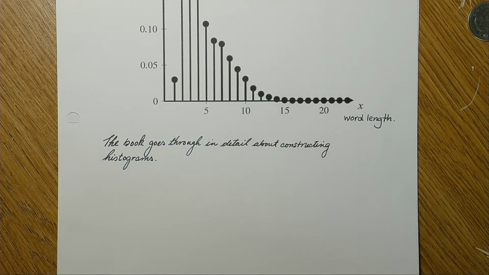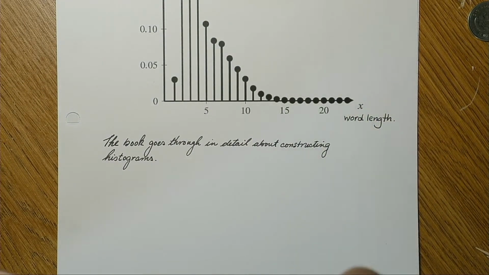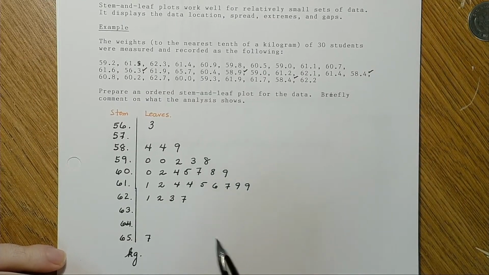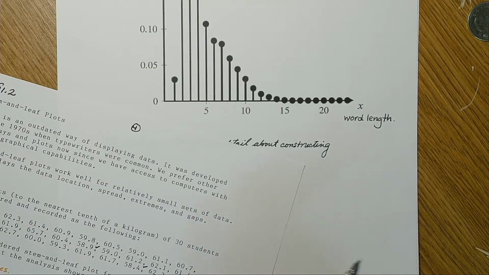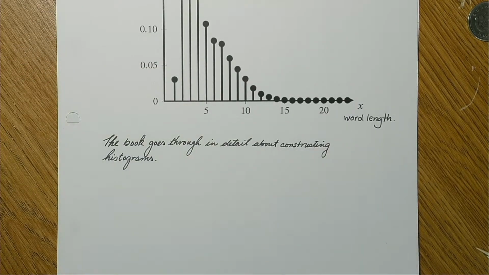But what I can do is show you for discrete data. Let's go back to the stem and leaf plots. And so what I will do is, let's use a new piece of paper.